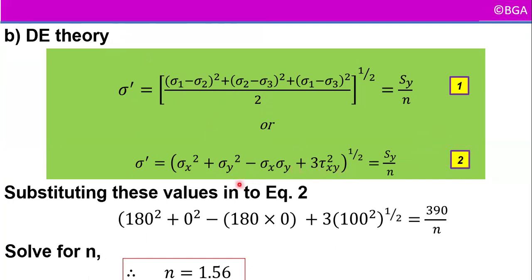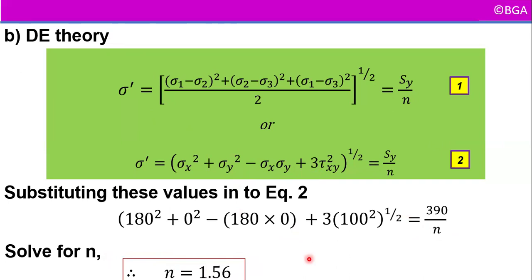Substituting all the values given and solving for n, we get n to be 1.56. So this is the factor of safety using von Mises theory or distortion energy theory. This is how you calculate the factor of safety using both theories.